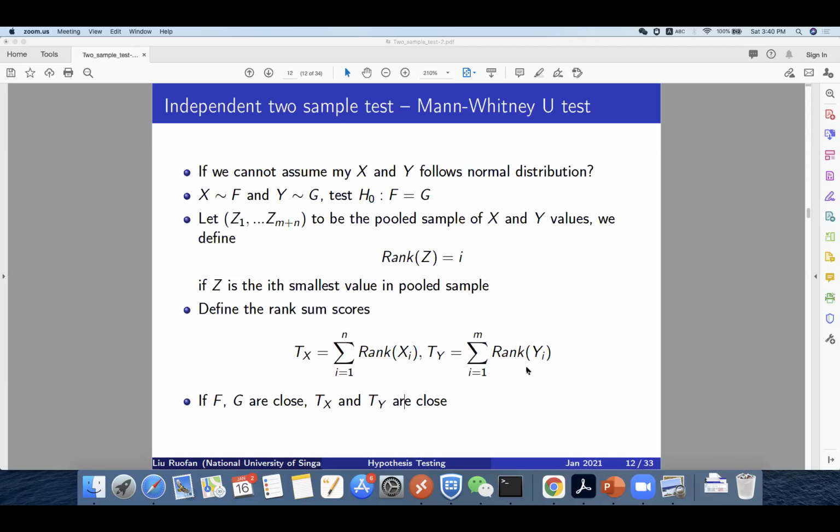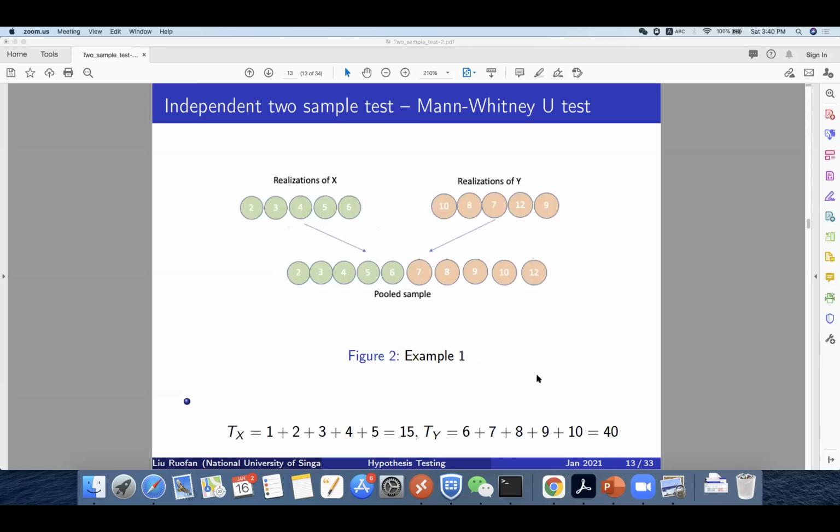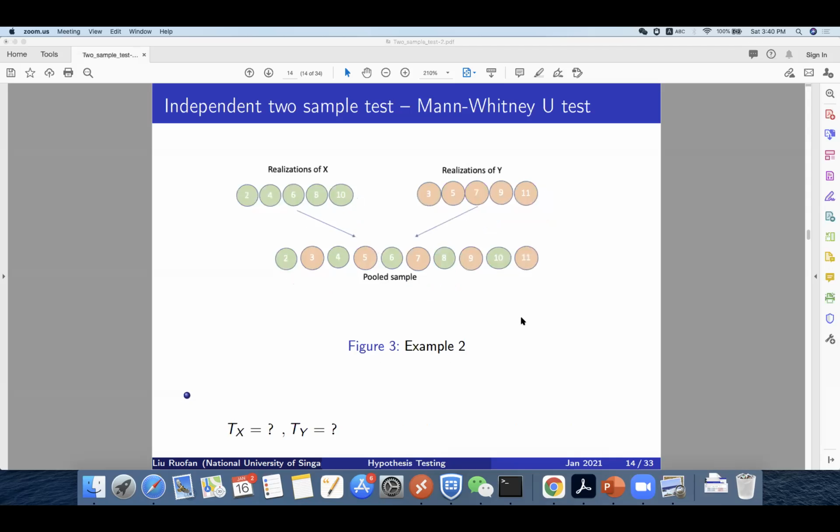Ty is just the sum of all the ranks for all the y values. So for example, we have green balls and orange balls. I put them together and sort them, and when I sort them, I can get the ranks. So we can compute Tx: Tx is basically the rank sum for all the green balls, and Ty is the rank sum for all the orange balls.